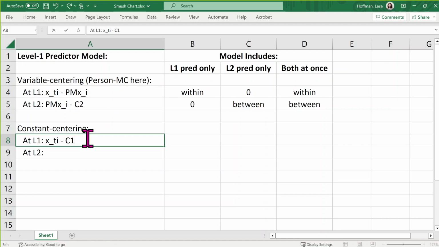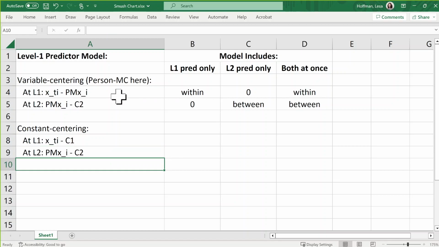So if you leave your predictor uncentered, let's say it's a binary variable and 0 versus 1 already means something to you, fine. You can subtract 0 and leave it uncentered. Doesn't matter. How about at level 2? What goes here? Person mean x_i minus C2.